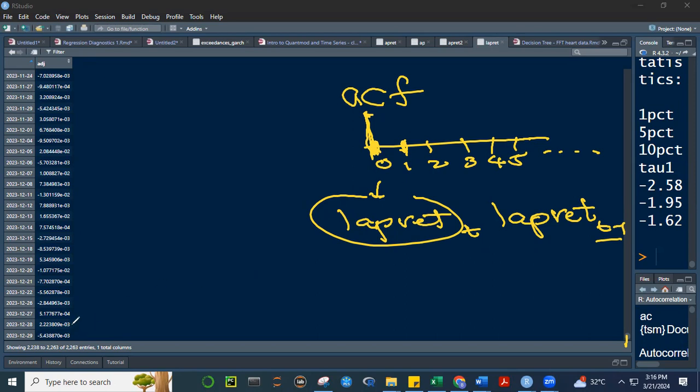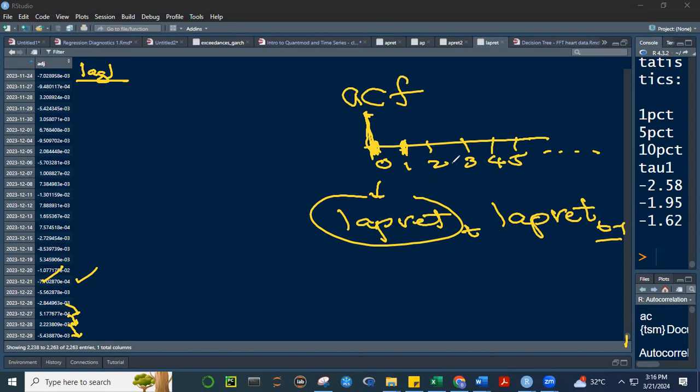So lag 1 means this value will go here, this value will go here, this value will go here, etc. You now have the lag 1 values, and then you get the correlation between the original series and the lag 1. Whatever correlation you get there, class, that will be your correlation at lag 1.